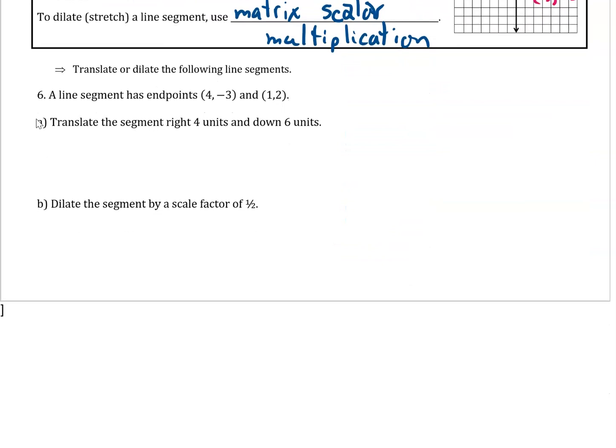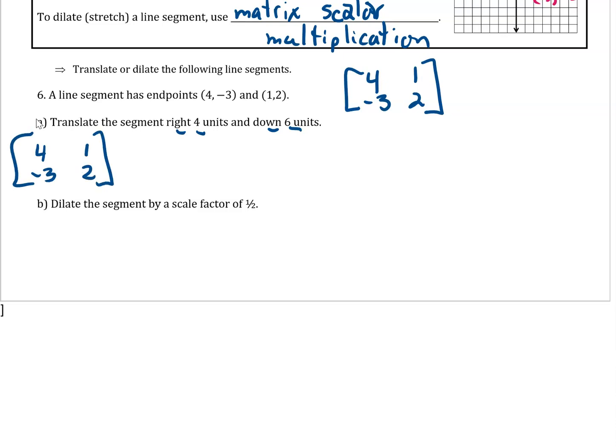So first, I have a line segment with endpoints 4, negative 3, and 1, 2. I'm going to translate this segment right 4 and down 6. Right is my x. 4 is positive, so I need to add 4 to every x value.